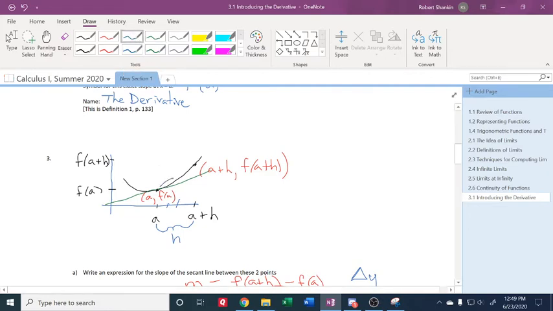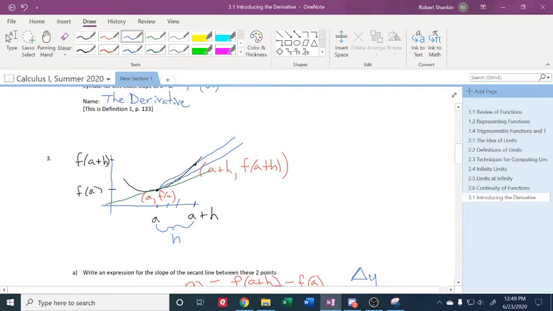And you start by saying this: the slope of the blue line is a reasonable estimate of the slope of the green line. And then you make this h smaller, and you move the point back. Maybe you're over here now. So then when you connect these two, you get a better estimate. You keep moving that point back and getting better and better estimates. You keep track of all your results.